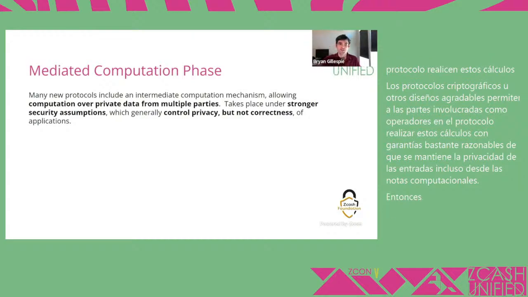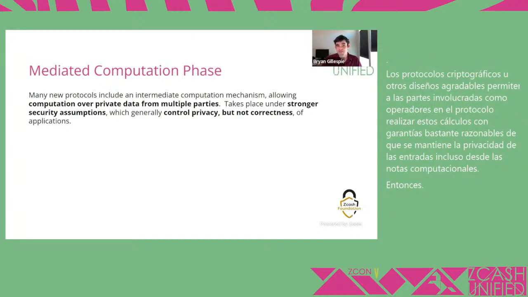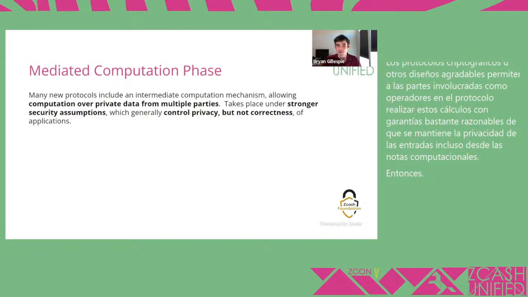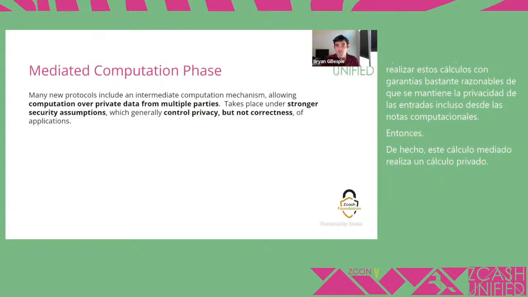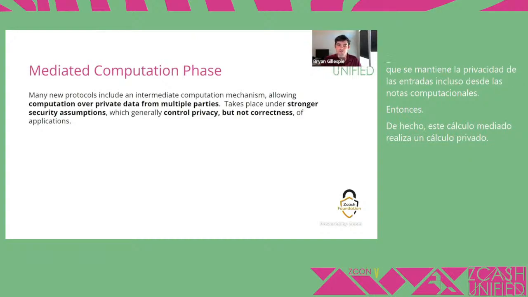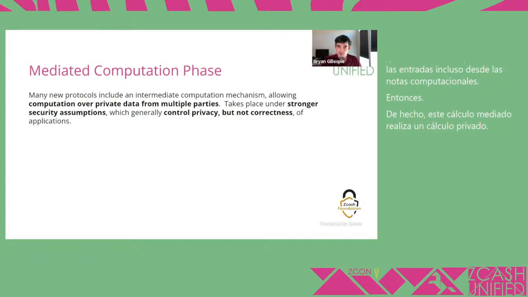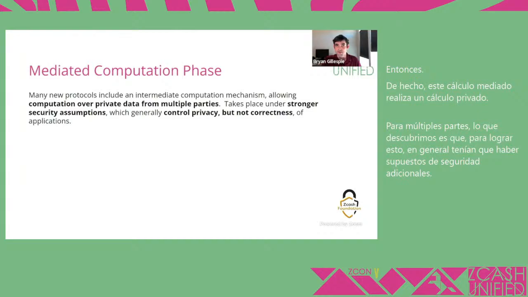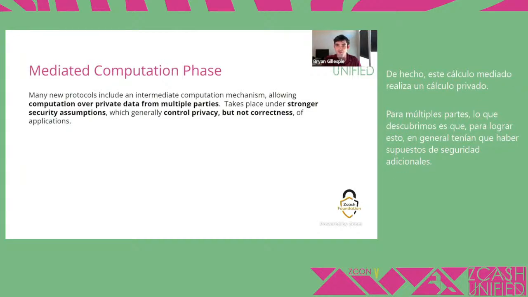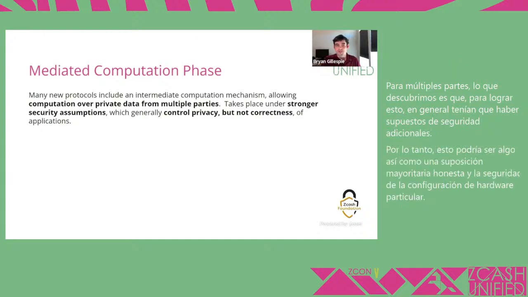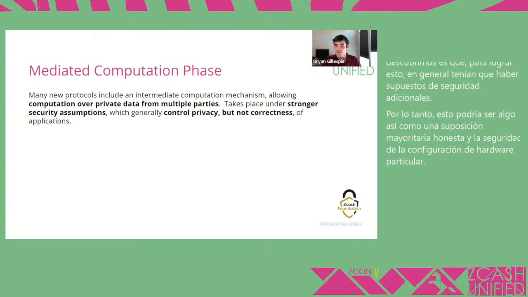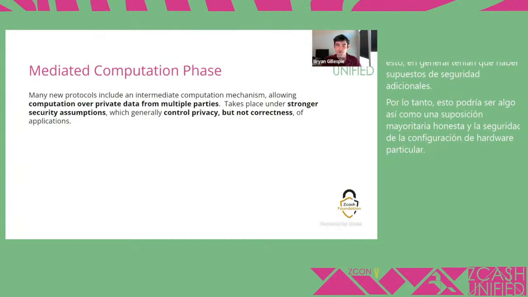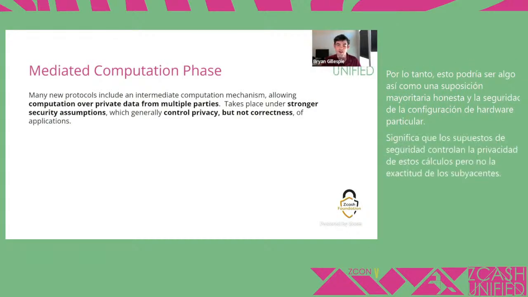This mediated computation does in fact accomplish private computation over inputs from multiple parties. What we found is that in order to accomplish this, generally additional security assumptions had to be made. This could be something like an honest majority assumption, or the security of a particular hardware configuration. Generally, the designs mean that the security assumptions control the privacy of these computations, but not the correctness of the underlying applications, which is an important distinction to make.